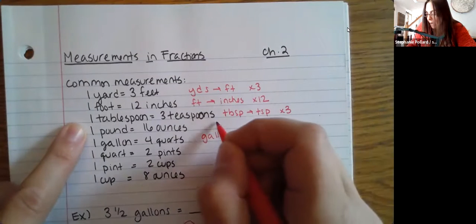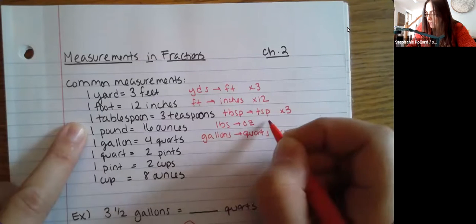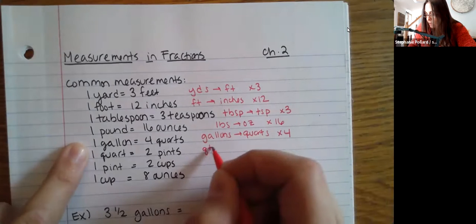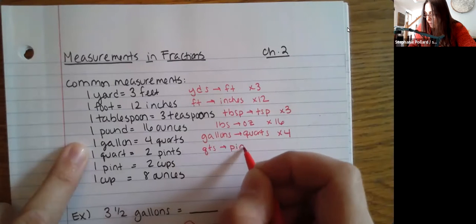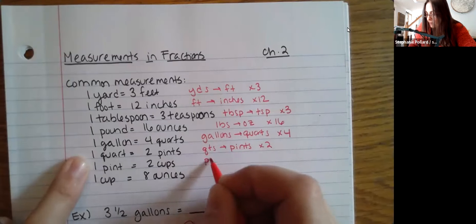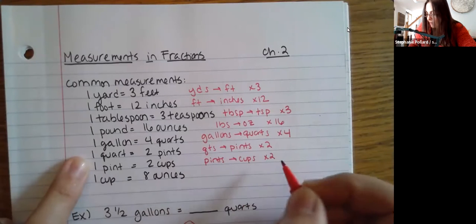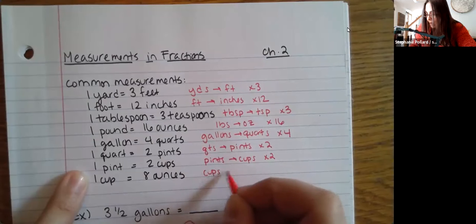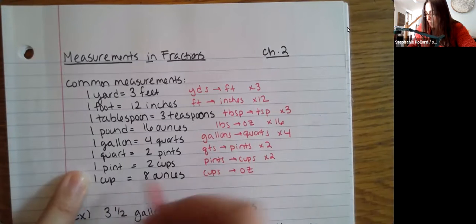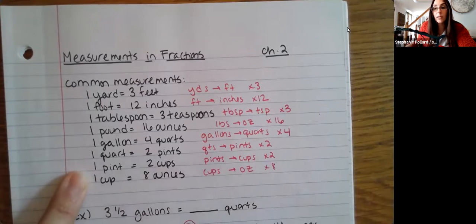If I'm going from pounds to ounces, we're going to multiply by 16. If I'm going from quarts to pints, we're multiplying by 2. From pints to cups, also by 2. And then finally, from cups to ounces, and again, here it's a liquid measurement, you're going to multiply by 8. So let's do a couple more.